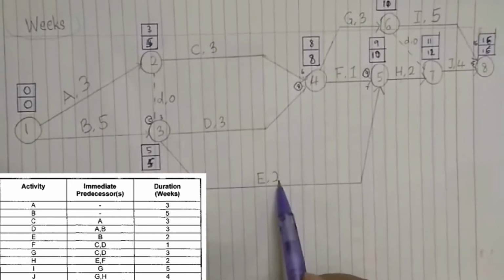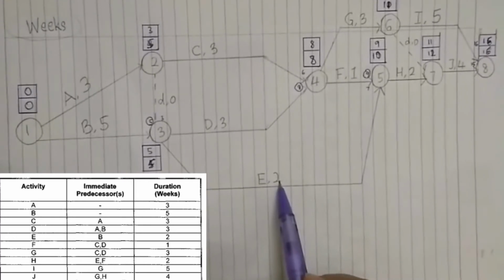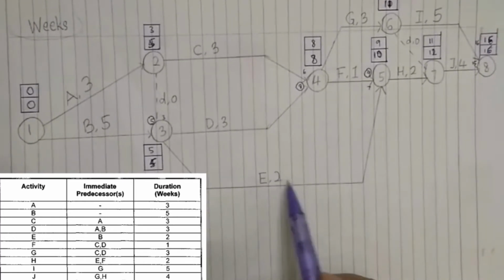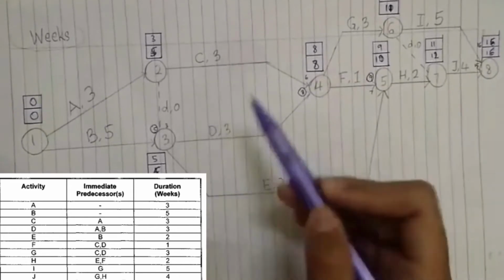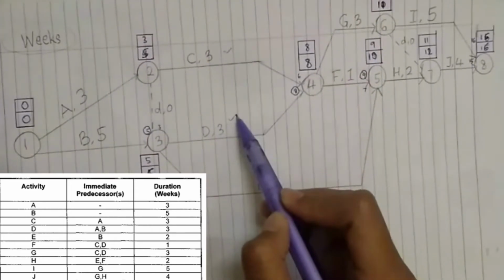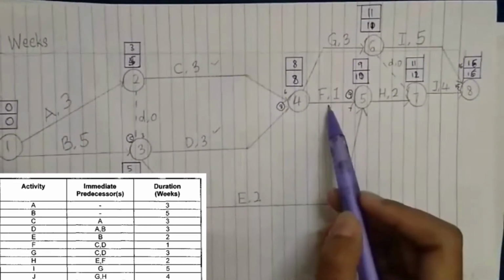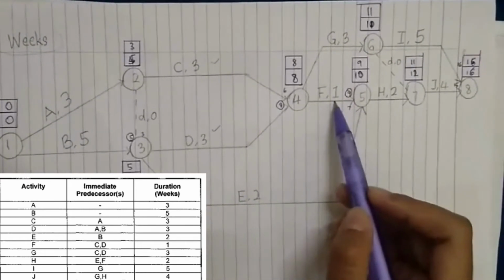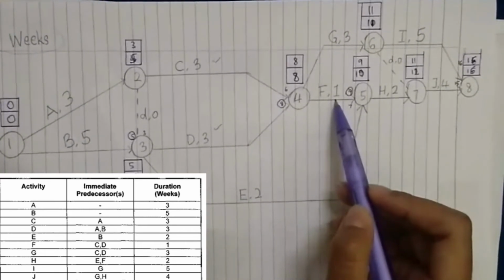Next is F, came from C and D. So C and D, which is here and here, we make it as F with the duration of 1 week.